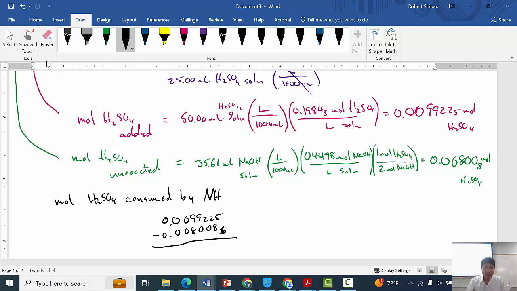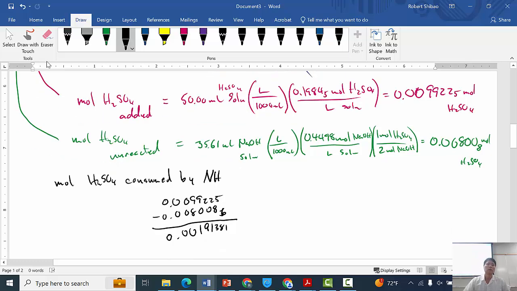And so I ended up using 0.00191381, if I did this correctly. Looks like it is.